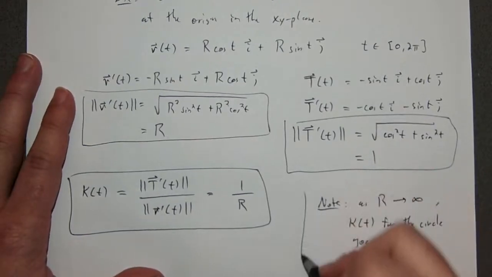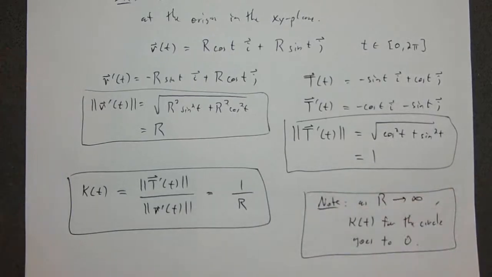Does that make sense? Does it make sense that circles of bigger and bigger radii have curvature that is smaller and smaller, going to 0 as the radius gets huge? The answer is yes, right? It makes sense.